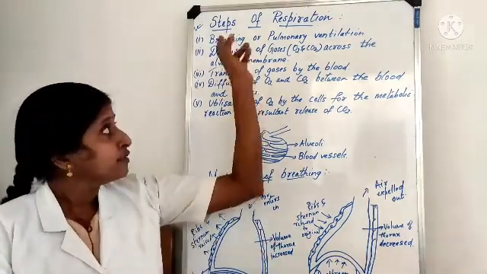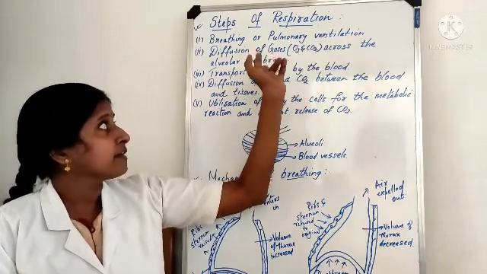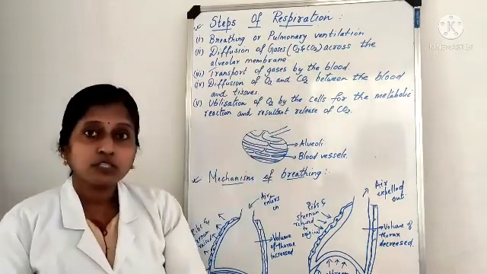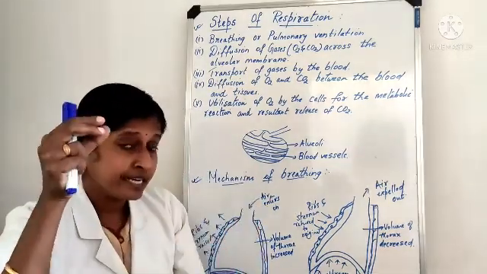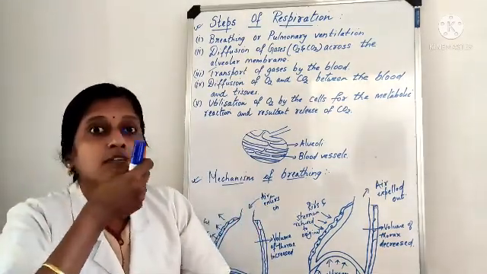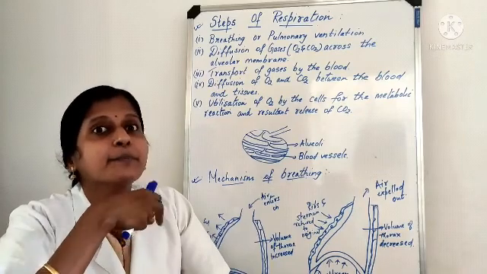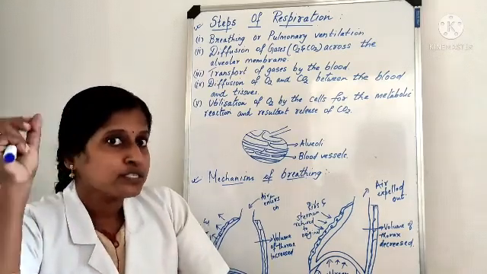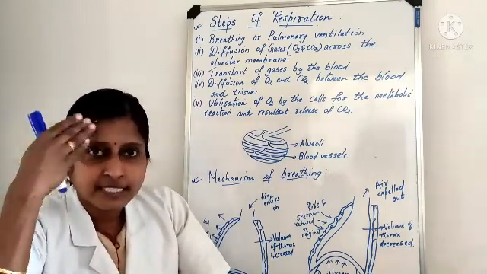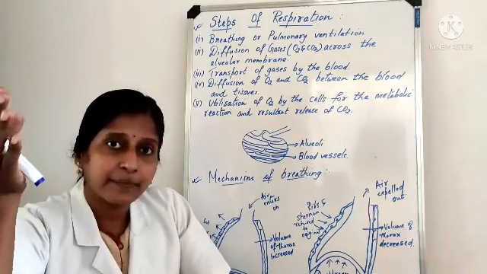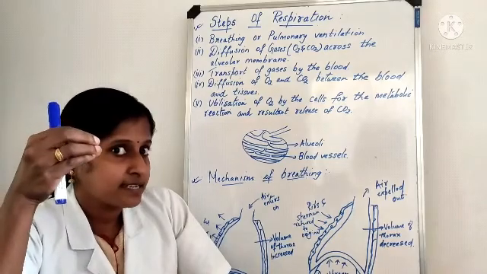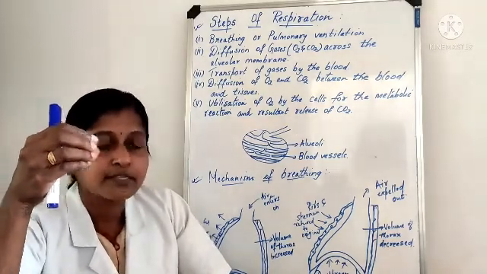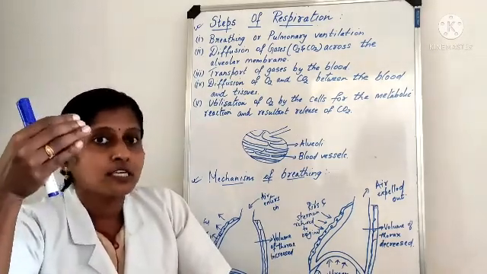Second is diffusion of gases across the alveolar membrane. Next, the gas is getting conducted through the nostril, larynx, trachea, bronchi, bronchioles. Till there it is conduction. When it is getting conducted, the air is getting filtered because cilia are there, and they trap the microorganisms. So the filtration process is taking place.